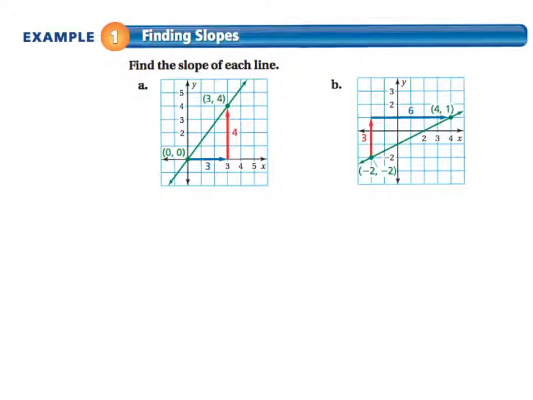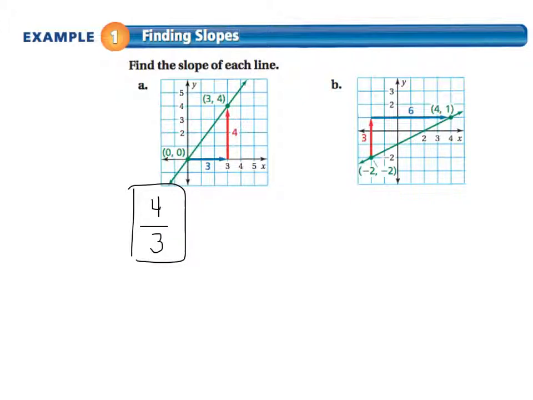All right, example 1. Find the slope. So A and B, they've already given you the red and blue, the change in y over change in x. So in A, what's your vertical change? It's +4. What's your horizontal change? It's 3. So your slope is 4/3. In B, this is usually the way I do it.